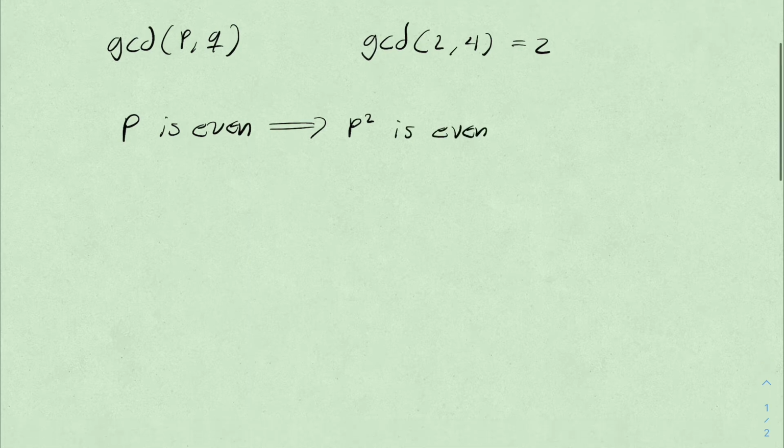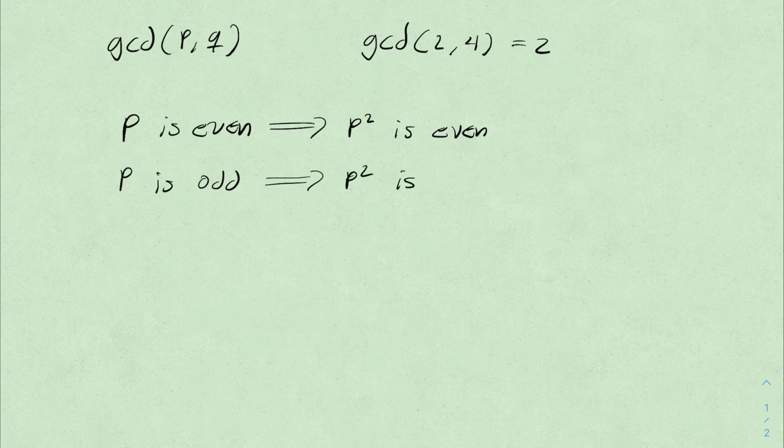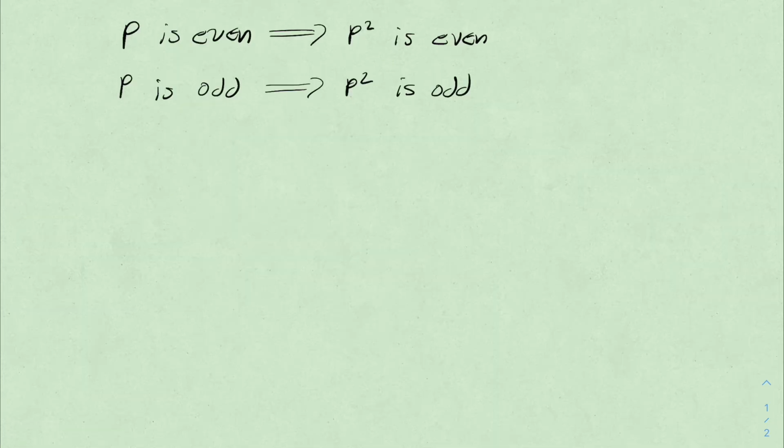Okay? And if p is odd, this implies that p squared is odd. I may go over a proof of this particular result at some later date, but for today we're just going to assume it as given for this particular proof. Okay, I think that's all we need to know, so let's go ahead and get started with the proof.